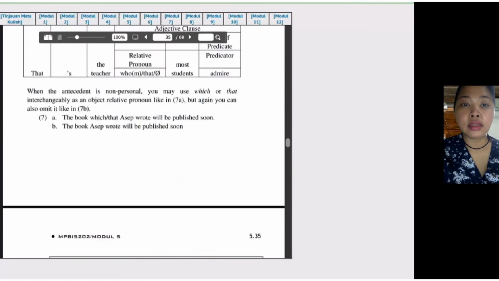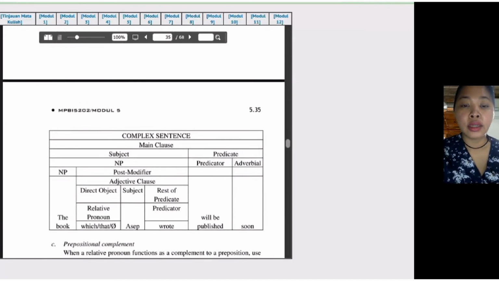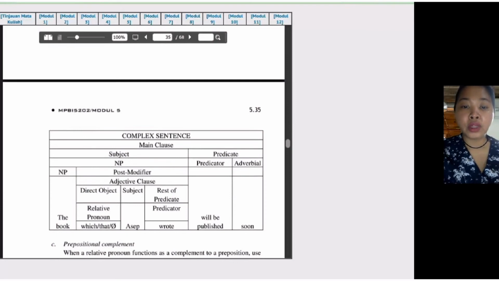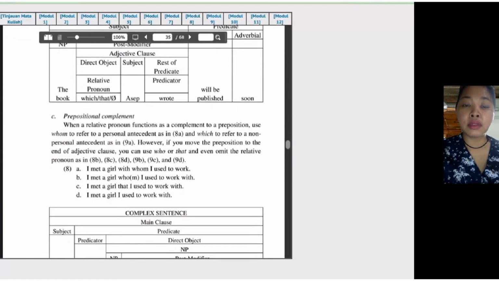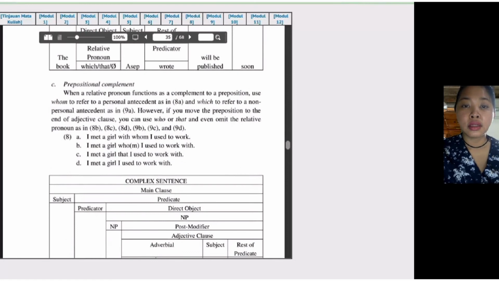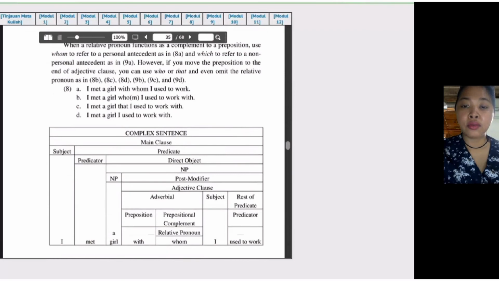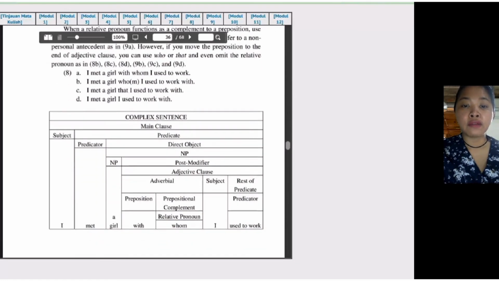And this is the other one: the book is the noun phrase, and then the post modifier, the book which Asap wrote will be published soon. And for the prepositional complement: I met a girl with whom I used to work. So this is a prepositional complement.